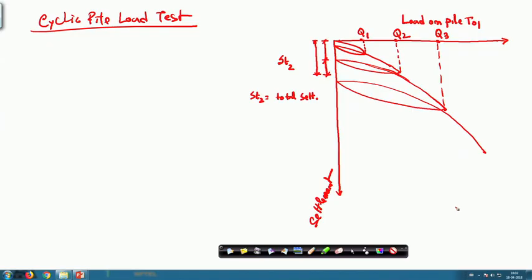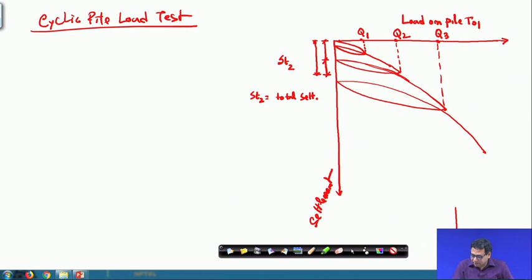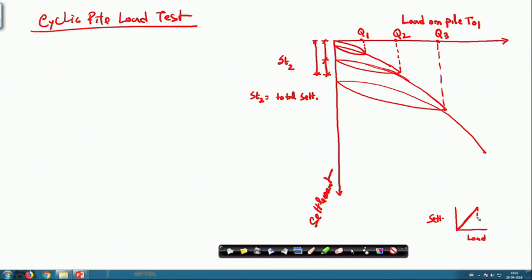If we have a load versus settlement curve and we unload it, it comes back, and this recovered settlement is called the elastic settlement. The plastic settlement is the permanent settlement which is not recovered.